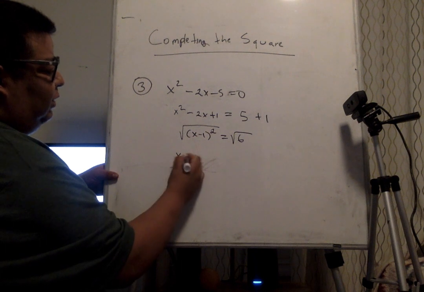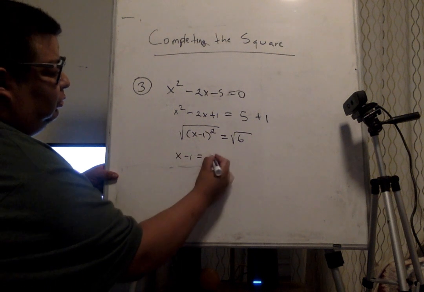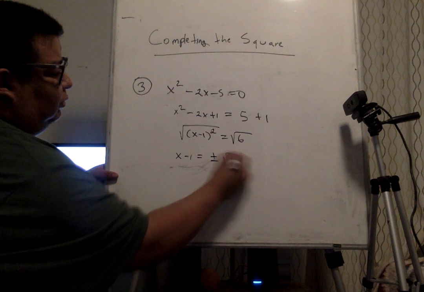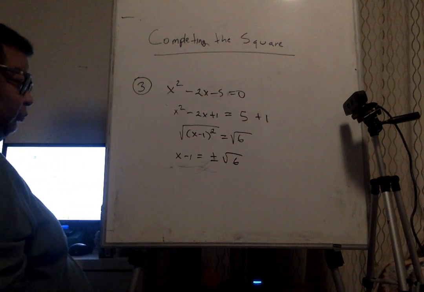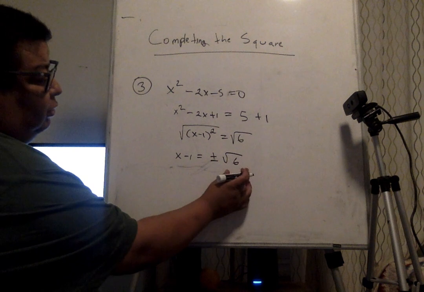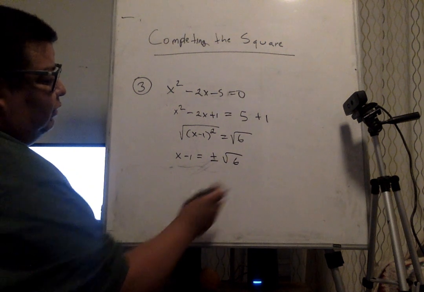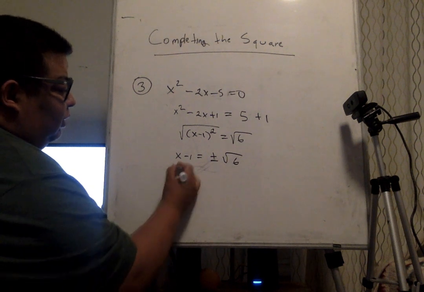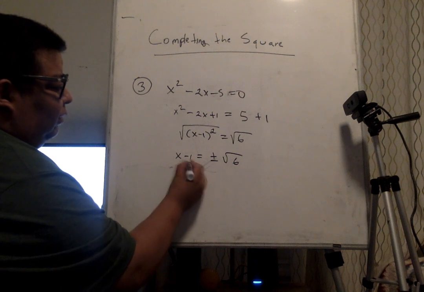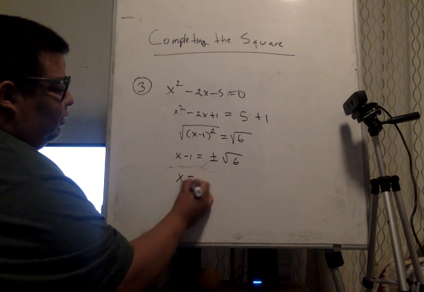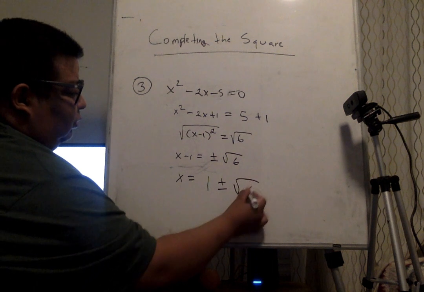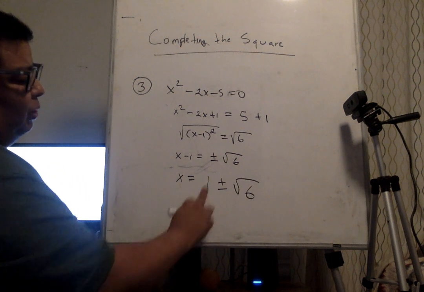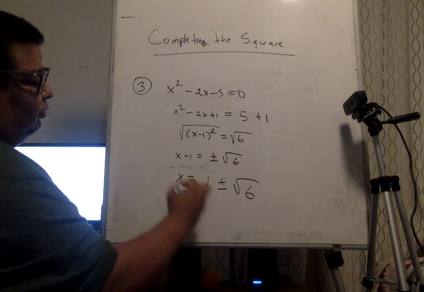The left side is going to be x minus 1 equals plus or minus square root of 6. Notice we cannot reduce this one, so we just leave it like that. So now what we have to do is move the negative 1 to the other side, so we get x equals 1 plus or minus square root of 6. And there you have two answers, 1 plus square root of 6 and 1 minus square root of 6.